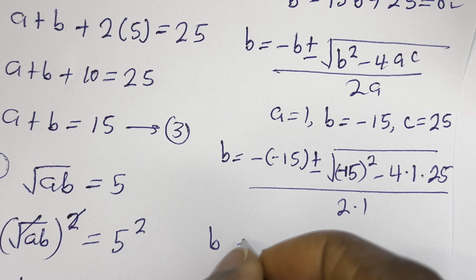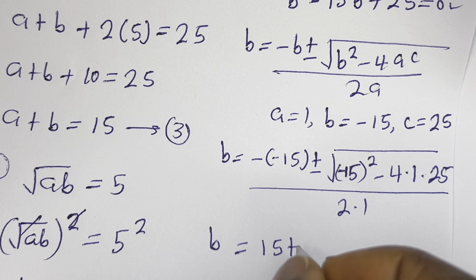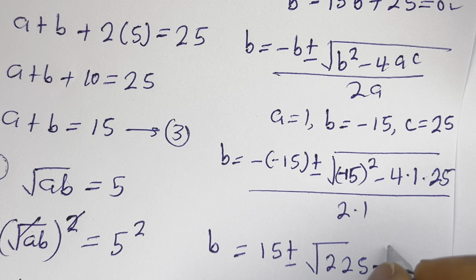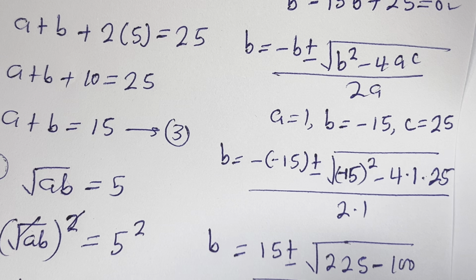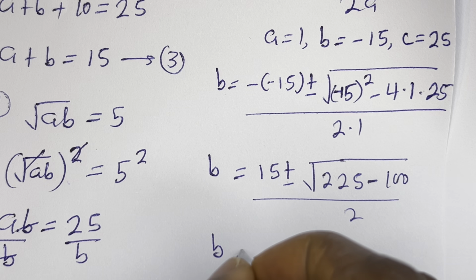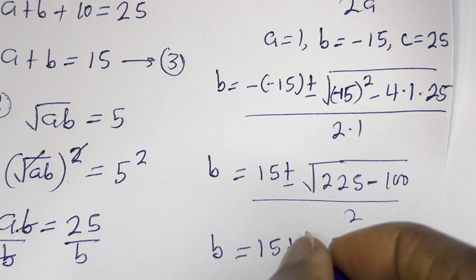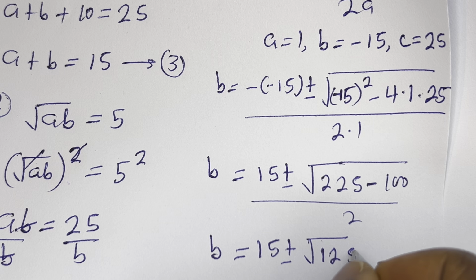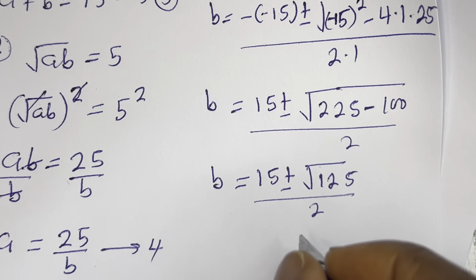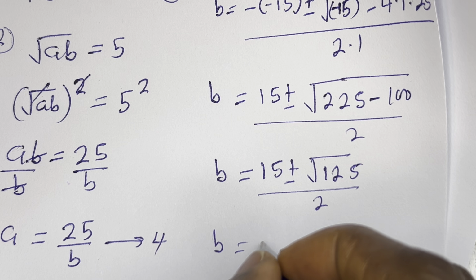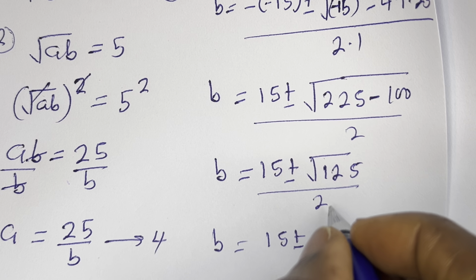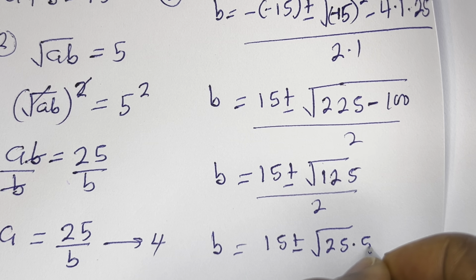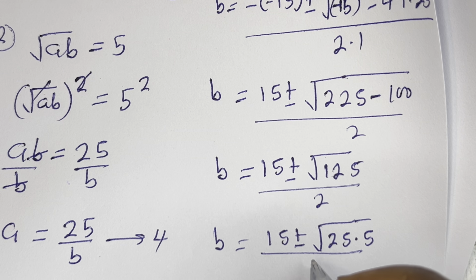Then b is equal to 15 plus or minus square root of 225 minus 100, over 2. b is equal to 15 plus or minus square root of 125, divided by 2, and b is equal to 15 plus or minus, this can be written as square root of 25 multiplied by 5, and everything divided by 2.